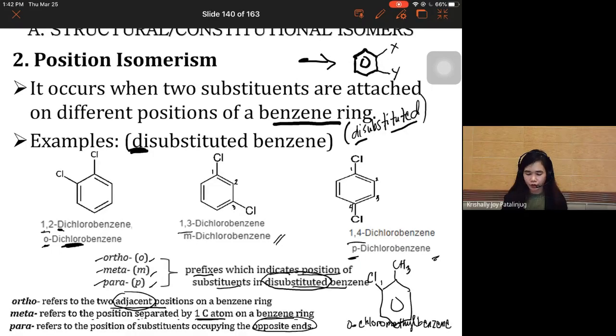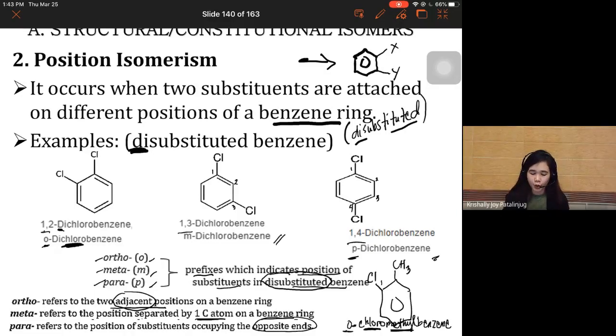Okay? Ortho position yung chloro tsaka methyl. Magkatabi. Okay? Now, balik tayo sa position isomerism.